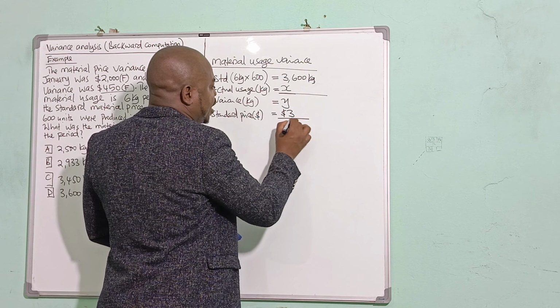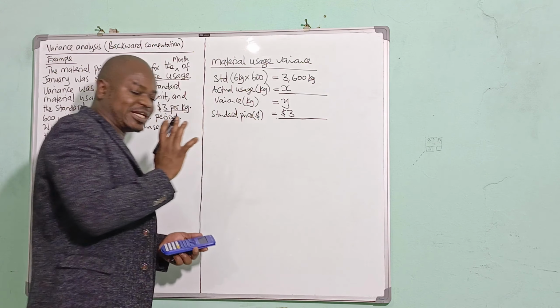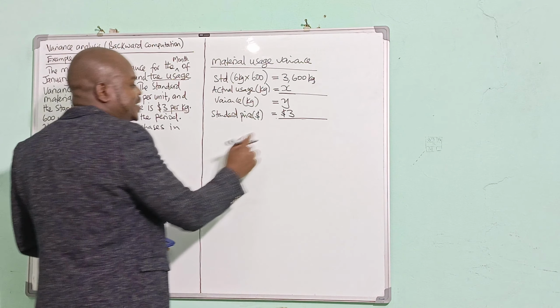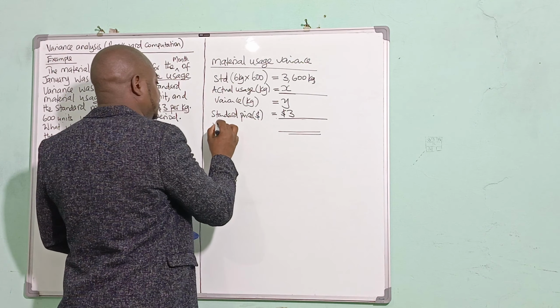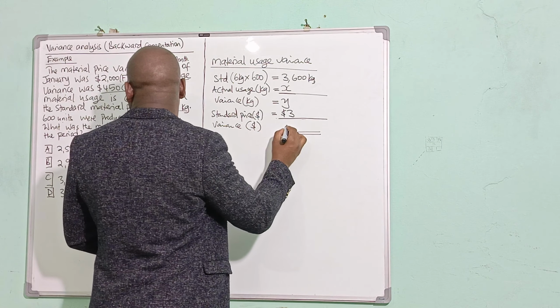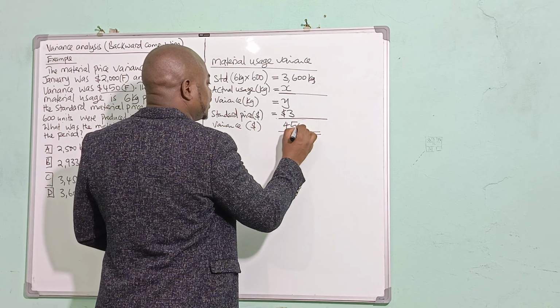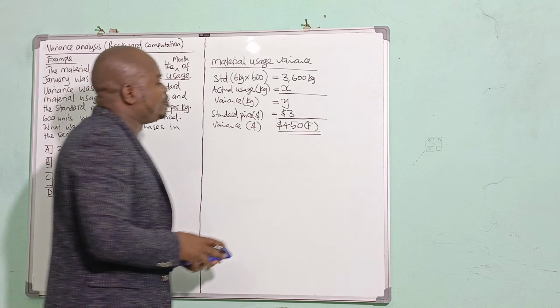I'm multiplying this $3 by Y, which I do not know, for me to get the final variance, which is the variance now in dollars, $450 favorable.